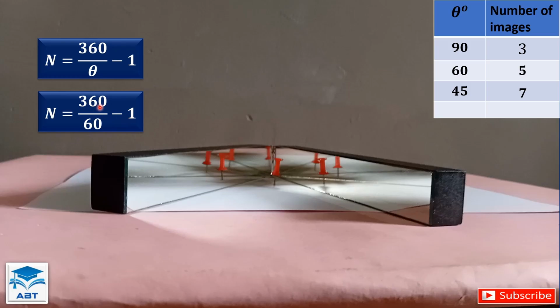And 360 divided by 60 is 6. And when we subtract 1 from 6, we have 5 images. That is why the 60 degrees angle of inclination gave 5 images.